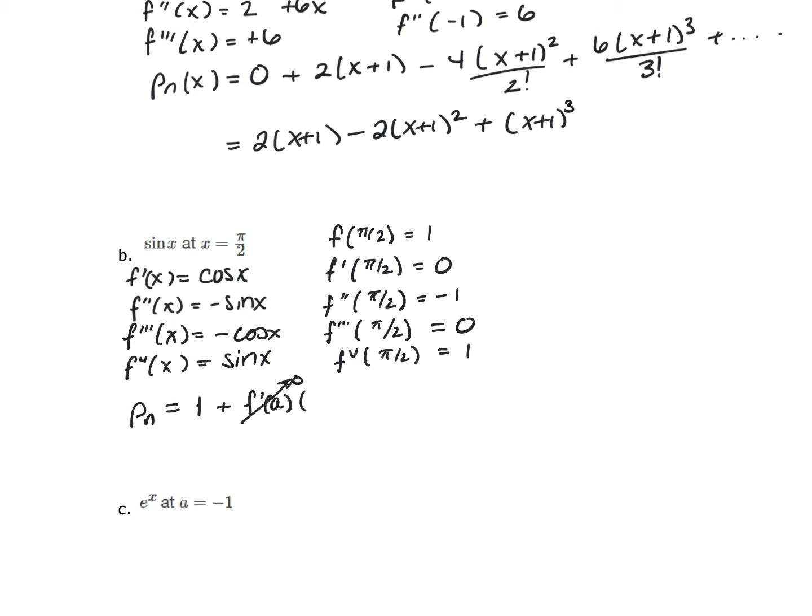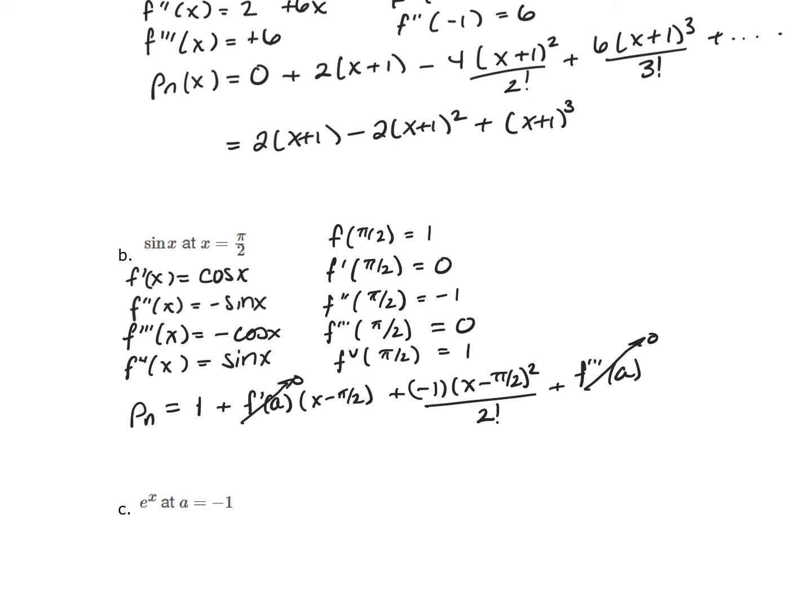So even though I'd have the x minus pi over 2, it would go to 0. The next term is going to be -1, and then it's going to be x minus pi over 2 squared over 2 factorial. My next one, the third derivative of my a, is going to go to 0.